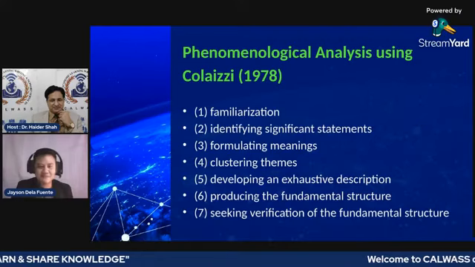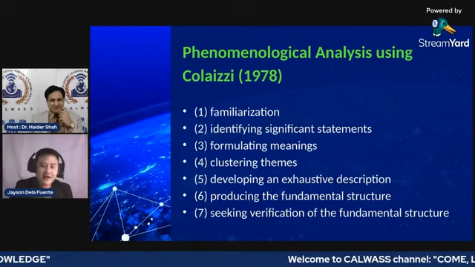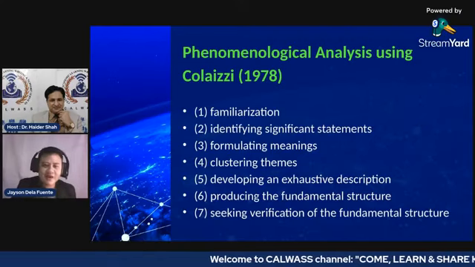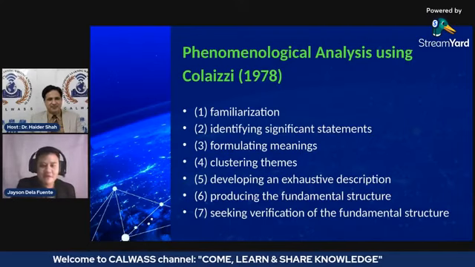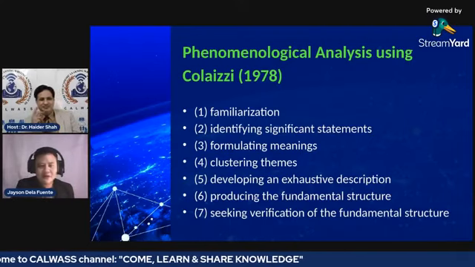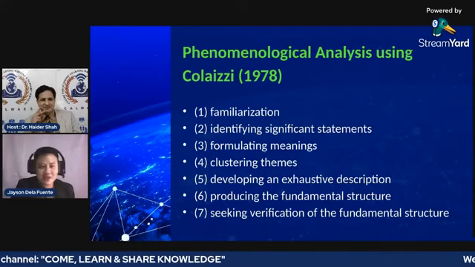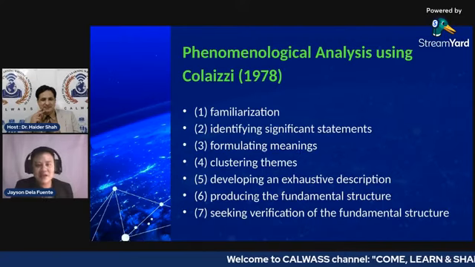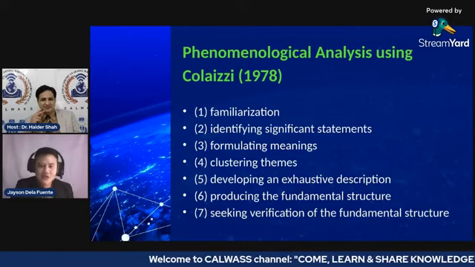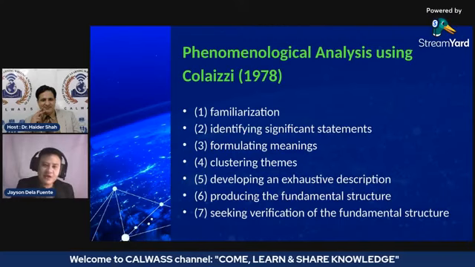Another process that I have been using is actually Colaizzi. He is a very well-known qualitative expert, especially in phenomenological study. So if Grunwald has 5 processes, Colaizzi has 7.